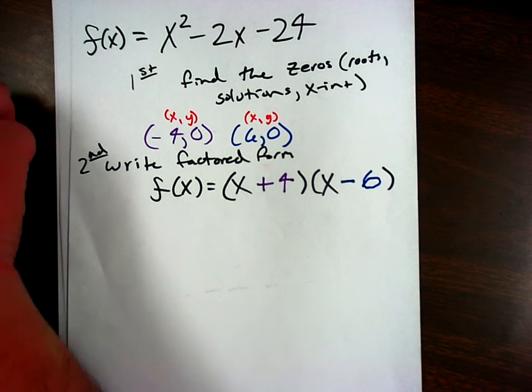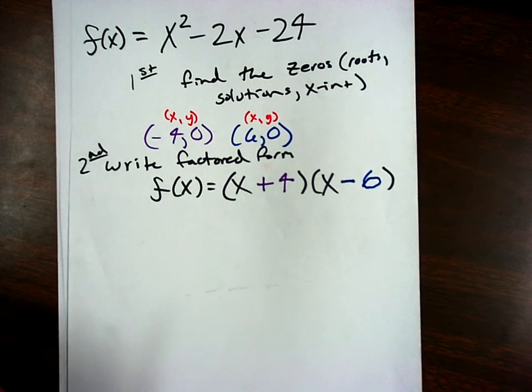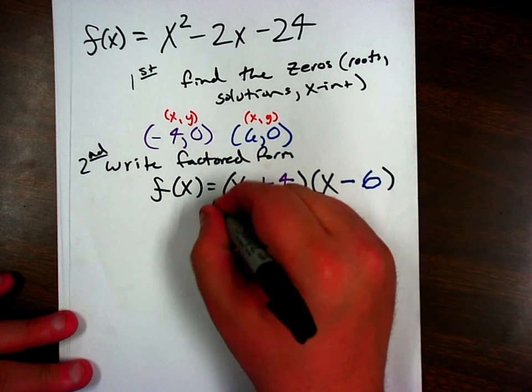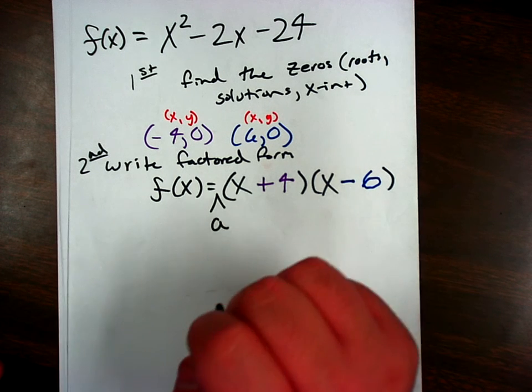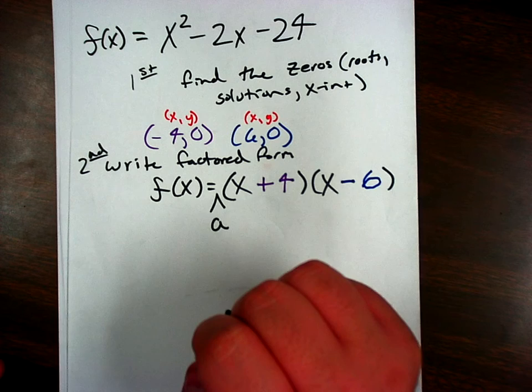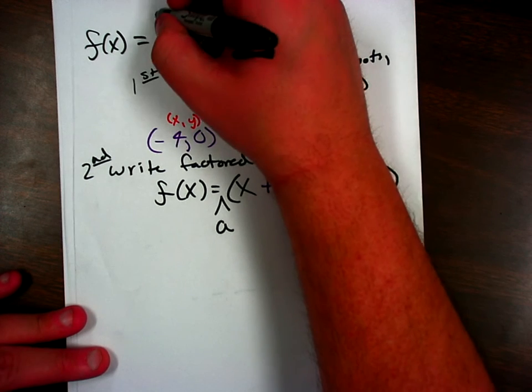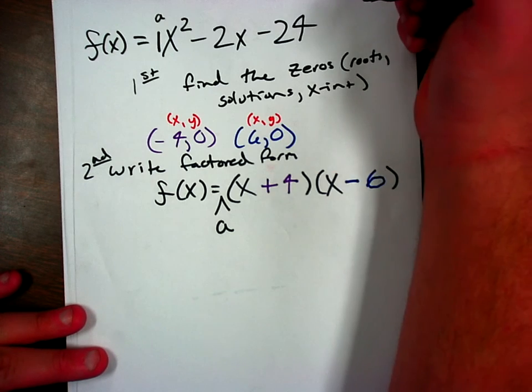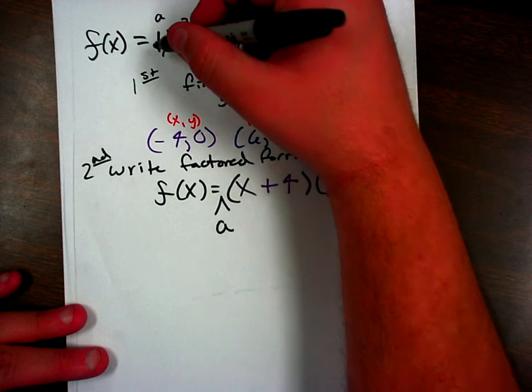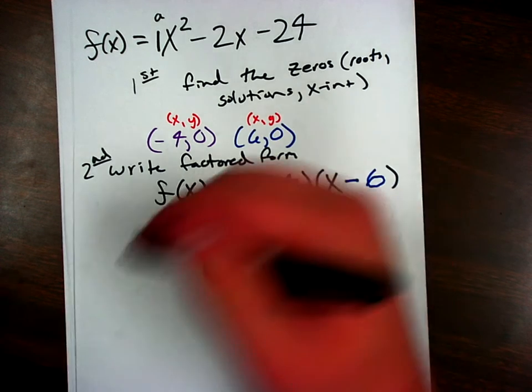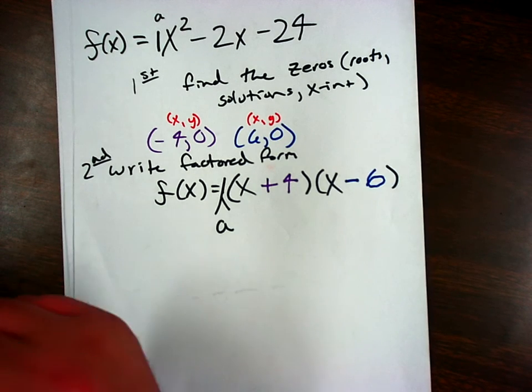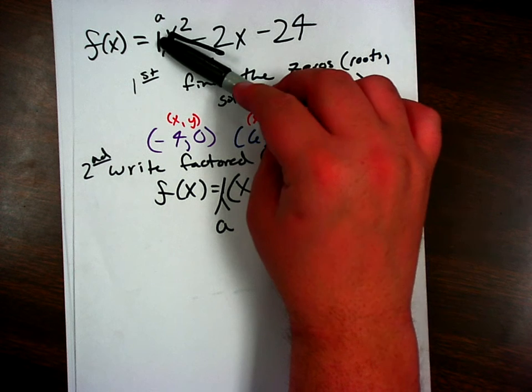And I'm missing something here, and it's because really in this we don't need it, but right here in front of this guy, you're going to have an a value. And it will be the same as the a value up here from our standard form. In this case, our a value was 1, so you could put a 1 there. It won't change anything. But really what this does is help you know if the graph is open up or open down.